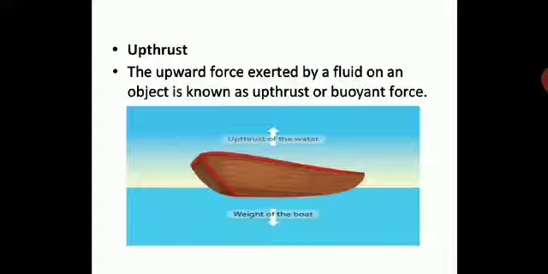So the upthrust force will act upward, the weight of the boat will act downward, but the upthrust force is maximum. It will overcome the downward force of the boat, and that's why the boat will not sink. It will remain on the surface. It will float. You have to take down this definition of upthrust in your notebook, children. Upthrust force is also called buoyant force.